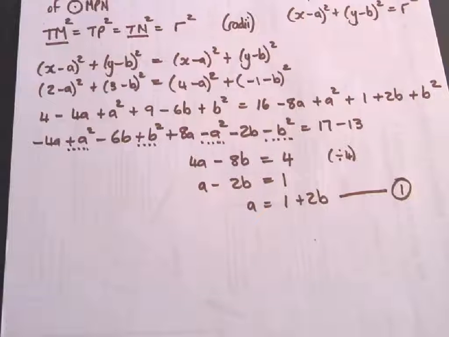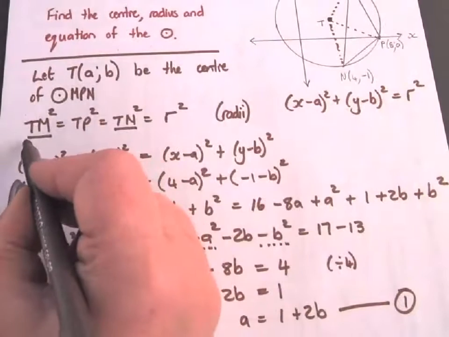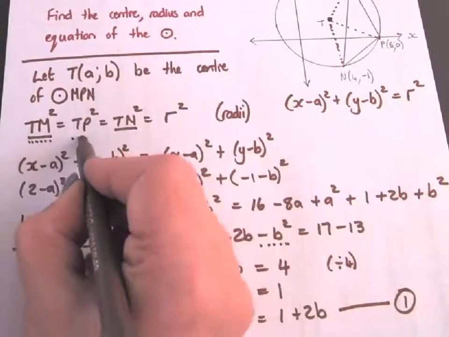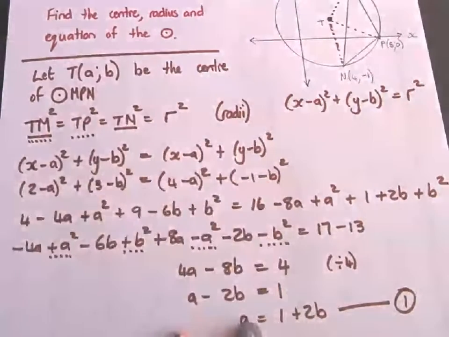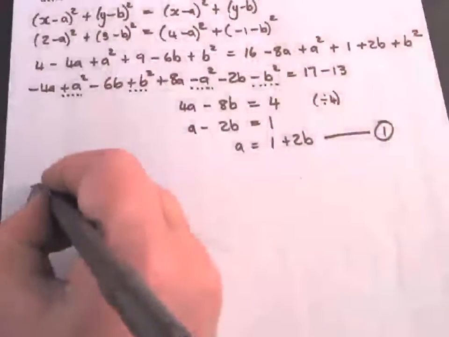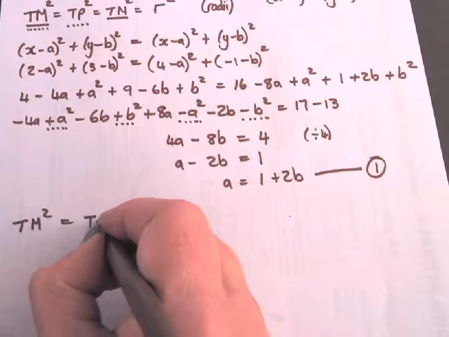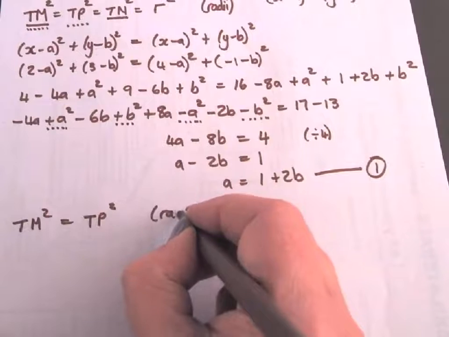Can you see what I'm working towards too? Solving simultaneously. So, now I'm going to take Tm and Tp squared, and I'm going to do the same. So Tm squared equals Tp squared, because they are radii.